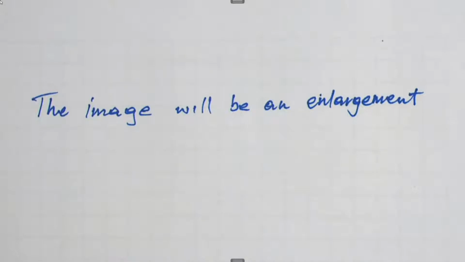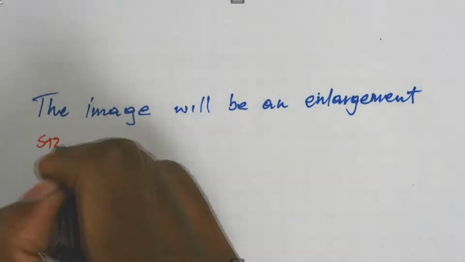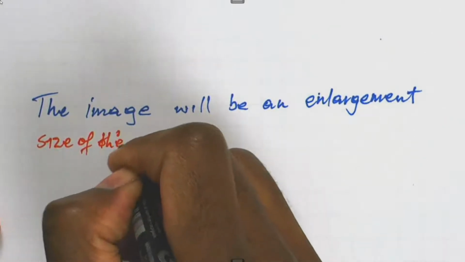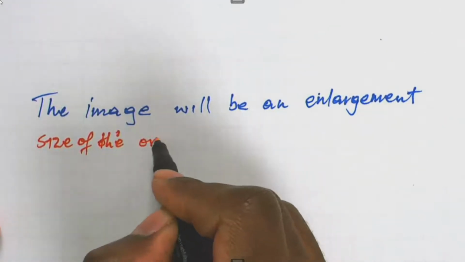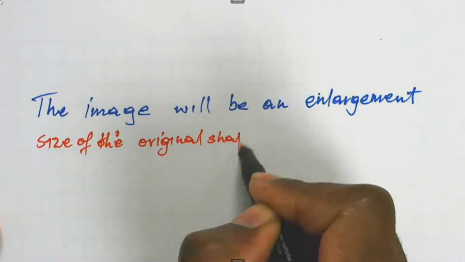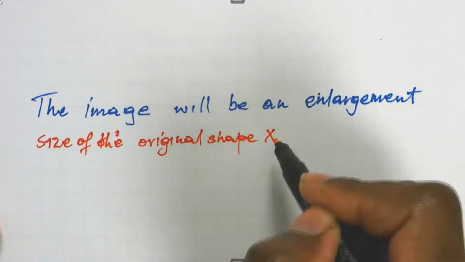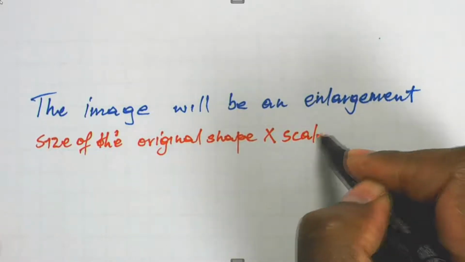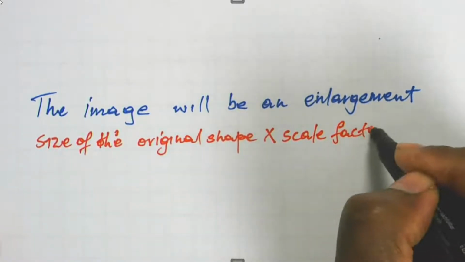Now, the easier way, guys, that we can also use to memorize our calculations. Here I've provided you with something that may help you. First thing you do, you take the size of the original shape, then you multiply this by scale factor always.